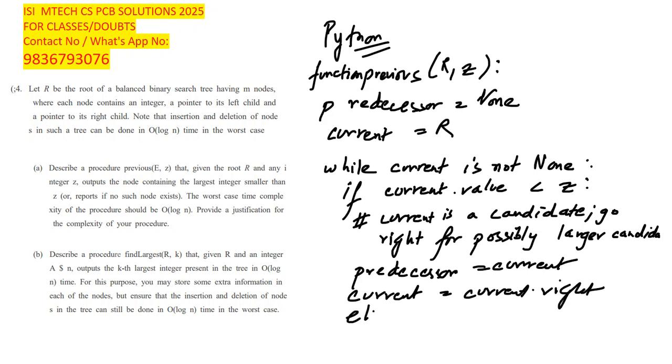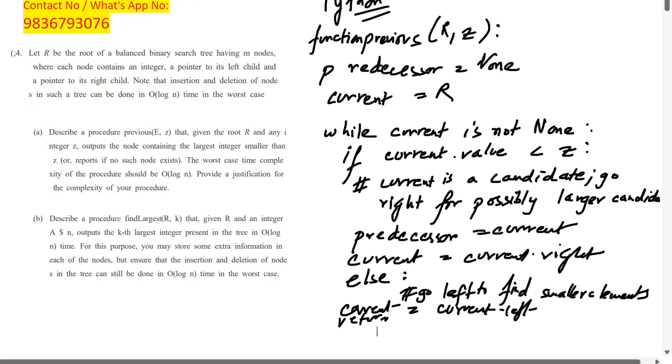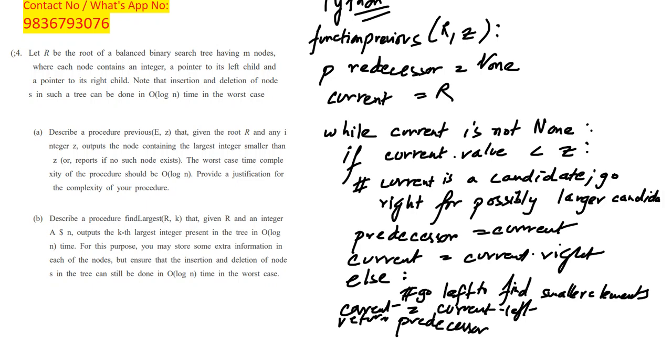So else, go left to find smaller elements. Okay, so current is current.left. Okay, so then we return the predecessor.